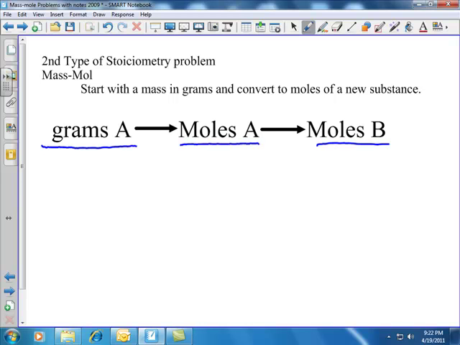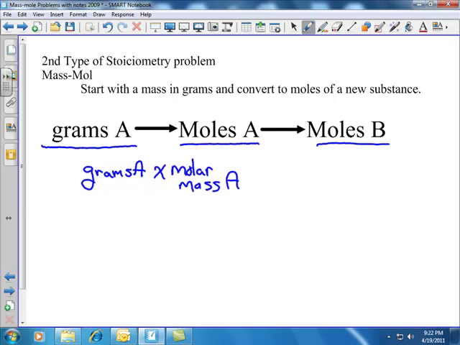So how do I get something from grams of A into moles of A? Well, you need to take whatever your grams of A are, and multiply that by our good old friend molar mass.